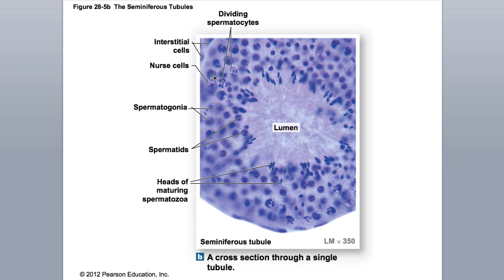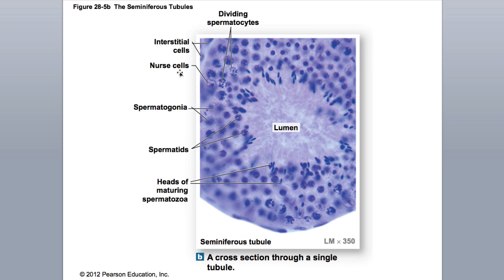They would be the Leydig cells or the interstitial cells. In between, you see nurse cells. Let me go ahead and talk about that. The nurse cells' job is to help the sperm while it's being formed. It's sort of a nurse that helps you grow up, like a nanny basically.